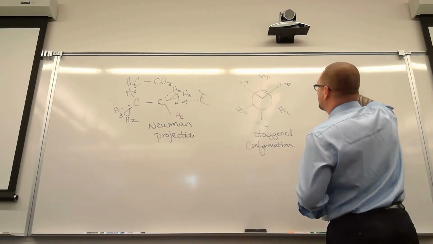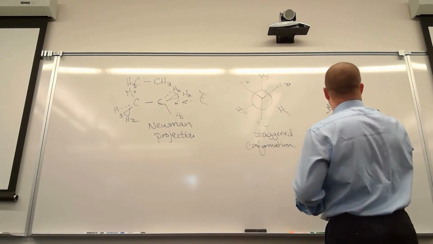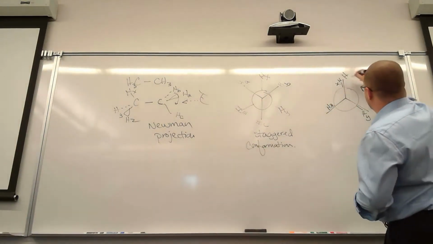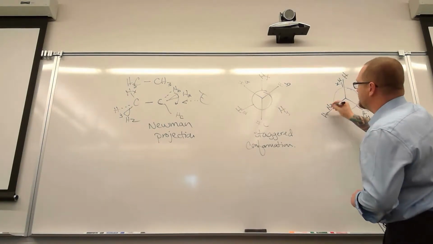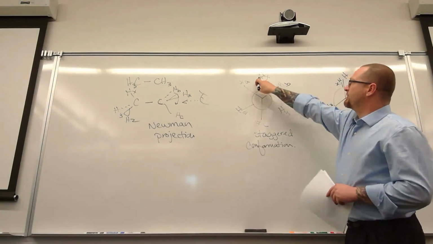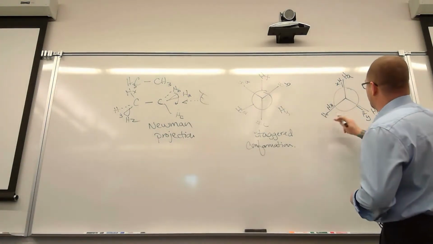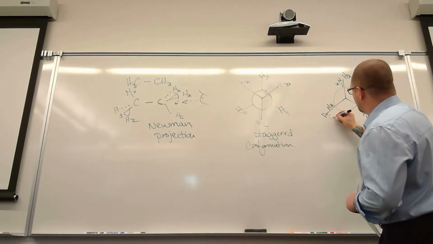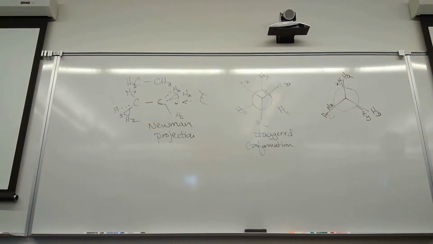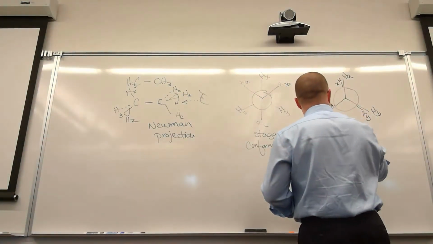X, Z, Y. But the front did rotate, where A now rotated 60 degrees up here, B 60 degrees down here, C 60 degrees over here. And this is called an eclipse conformation.